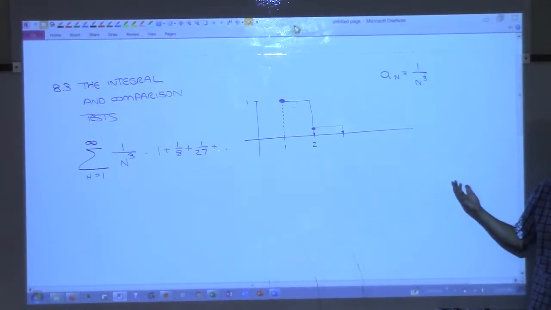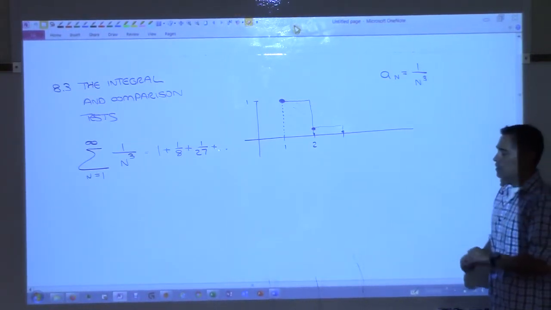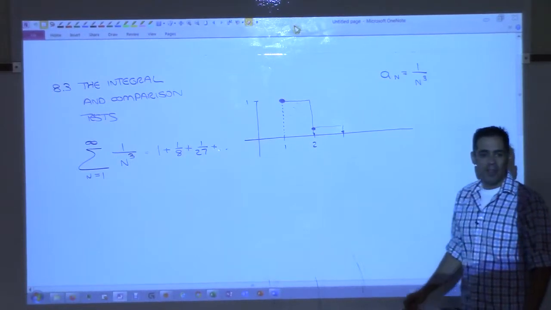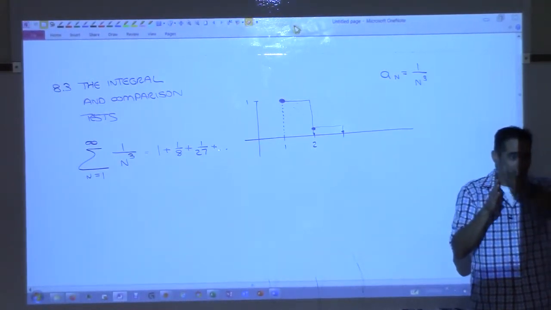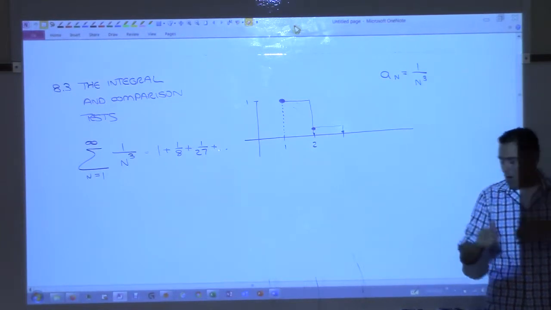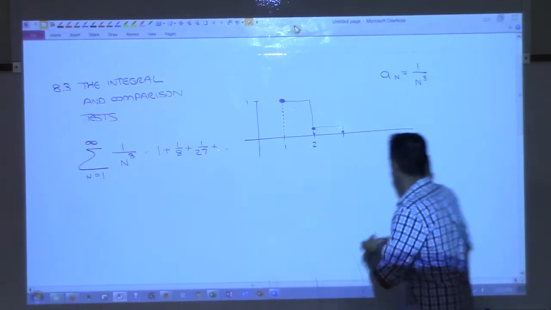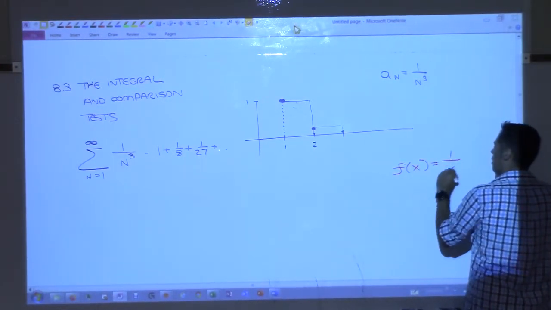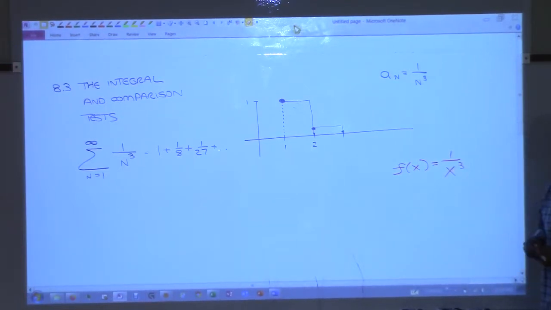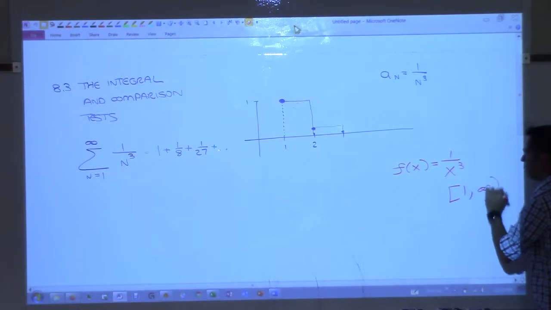And what does the integral do? It gets us areas, right? Now the integral is not defined on a sequence though. You can't have an integral on a sequence. You have to have a what? A function, a curve, right? So imagine I were to, instead of putting this up here, graph this function of x, and I just do it on the interval 1 to infinity.